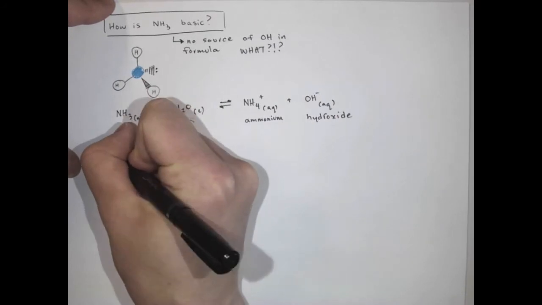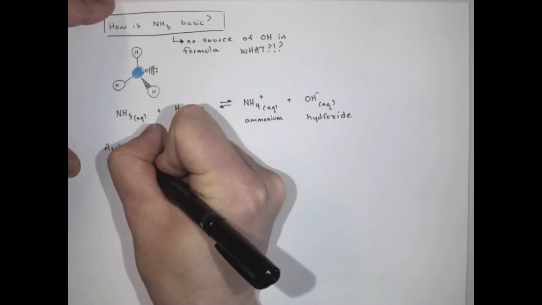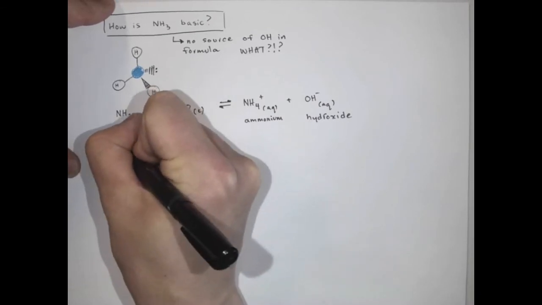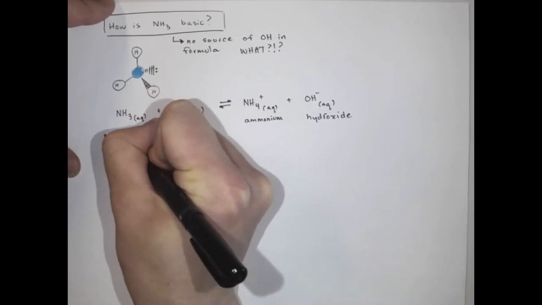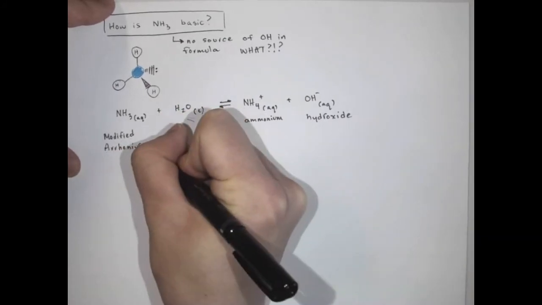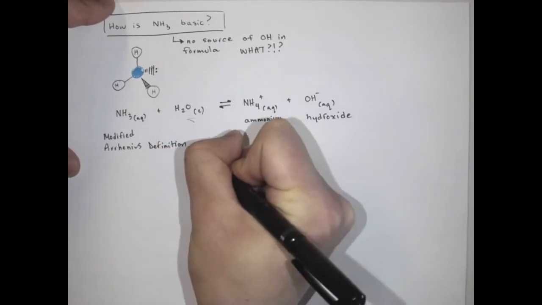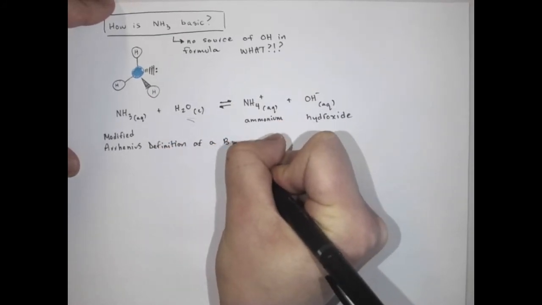So we're going to offer this modification to the Arrhenius definition. So we'll call it the modified Arrhenius definition of a base.